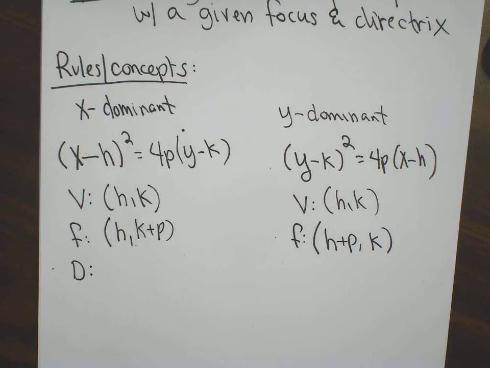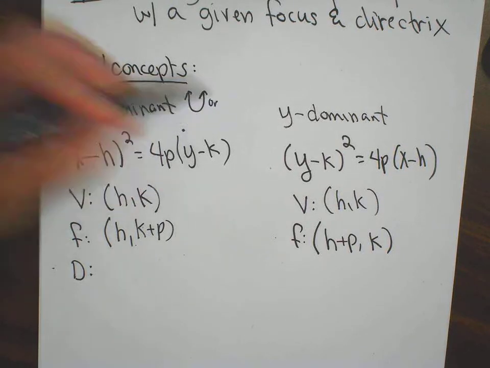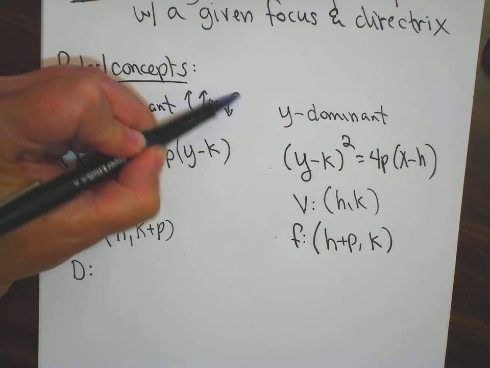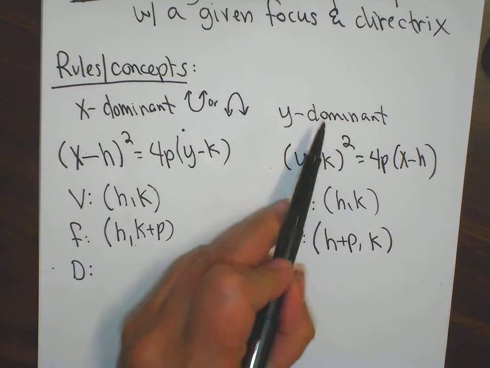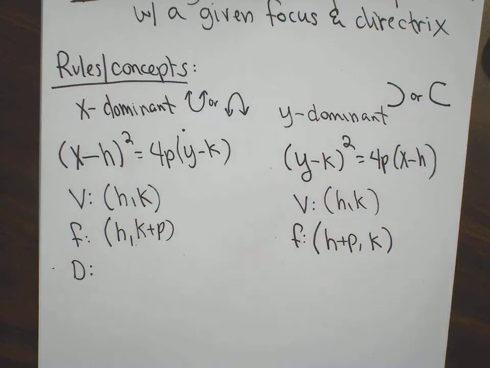It's a line, and it's either going to be a horizontal line or a vertical line. So if I'm X dominant, it's either going to be concave up or concave down, smiley or frowny. Y dominant is going to open to the left or to the right.